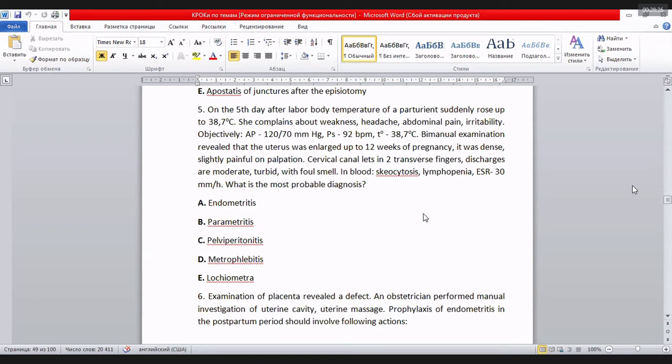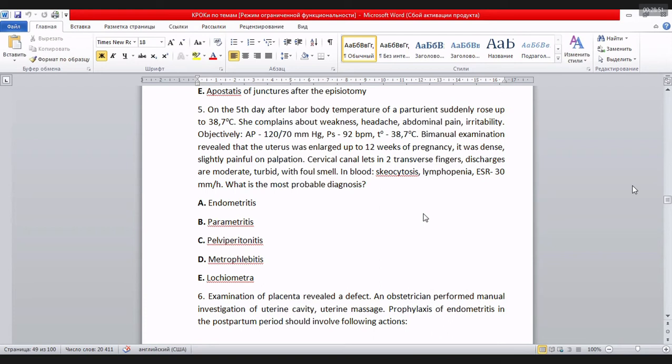Especially they are very intensive in the first days after labor. And if we have the spasm of the cervical os, sometimes, you are quite right, Kunya, these discharges accumulate in the uterus and cause development of lochiometra.